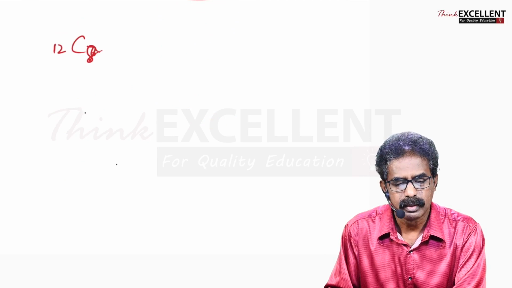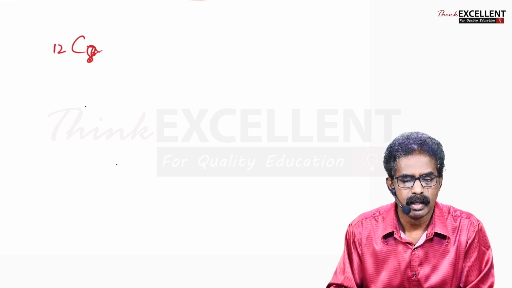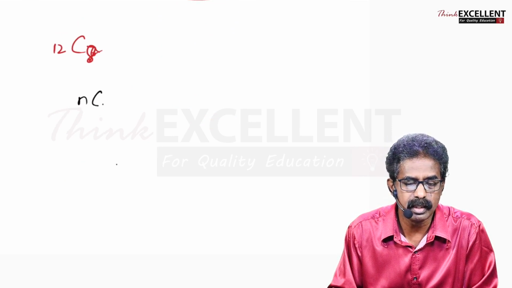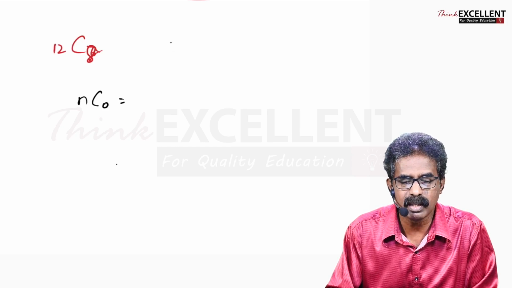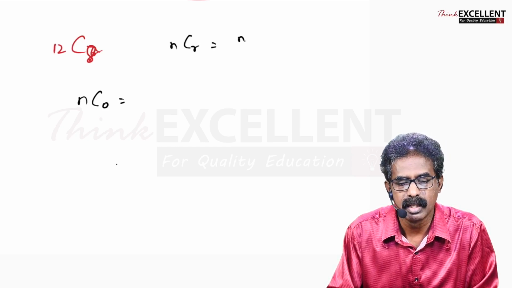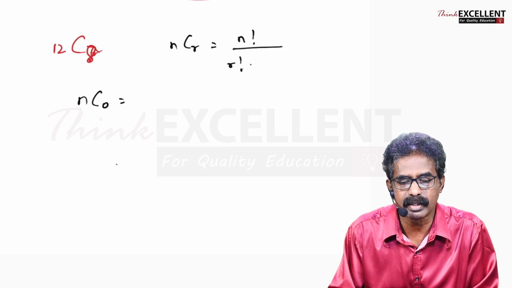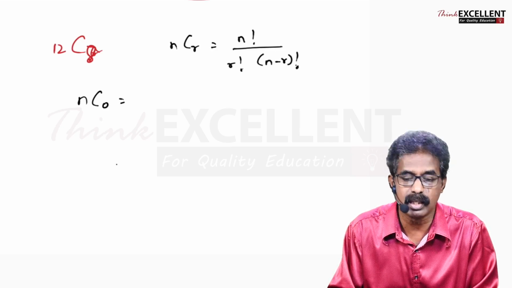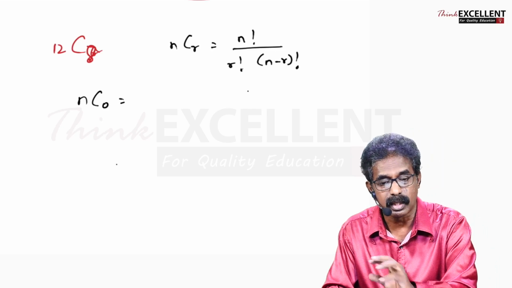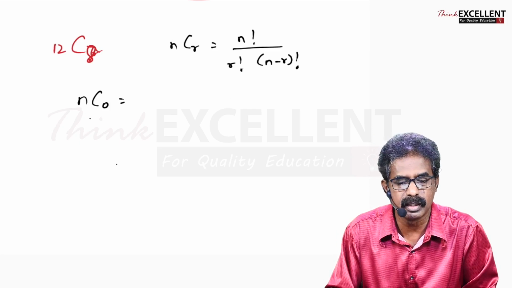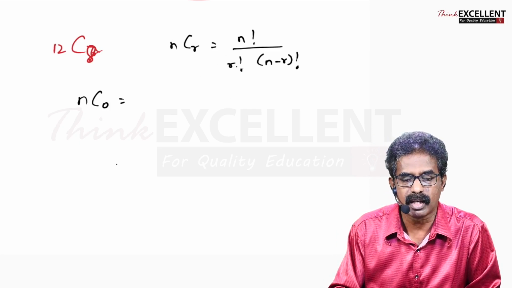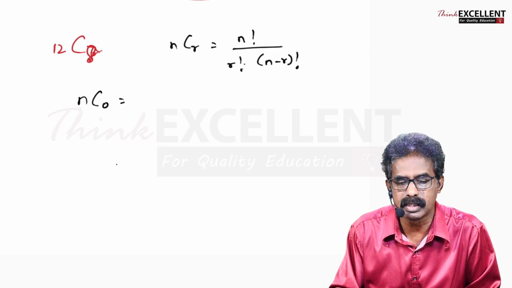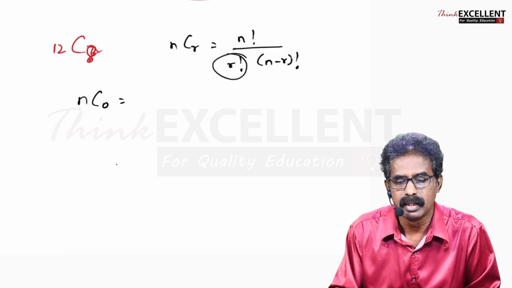Then another one, suppose we have nC0. You know the formula for nCr, right? nCr is n factorial by r factorial into n minus r factorial. You studied the relation between permutation and combination. nC0 means for r you put 0. So this is 0 factorial, which is 1. Here with 0 you get n factorial. n factorial cancels.